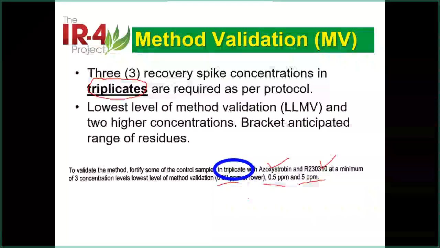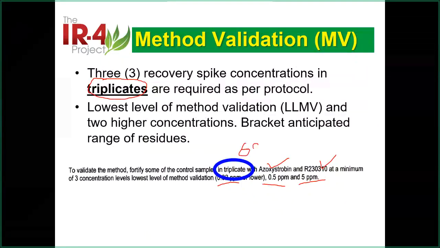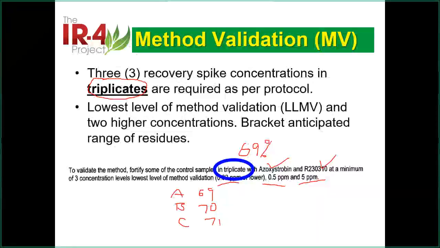One mistake: when you do triplicate, if something like a recovery is 69 for one of them, and somebody rejects your work, that means the whole thing is wrong. For example, at the lowest level, you have sample A, sample B, and sample C. You get a 69 for this one, a 70 for this one, a 71 for this one.